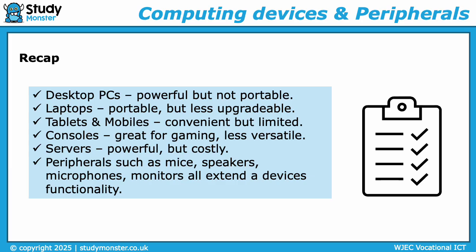Whereas a desktop and a laptop are more general purpose computing devices where you can have lots of different applications going on at once, tablets and mobile phones will struggle with that. Consoles, video consoles, great for gaming, less versatile, a bit like a tablet and a mobile phone. Servers are very powerful, but they're very costly. And peripherals, like we've gone over, the mice, the keyboard, the speakers, the microphone, things like that, are all devices that extend a computing device's functionality.